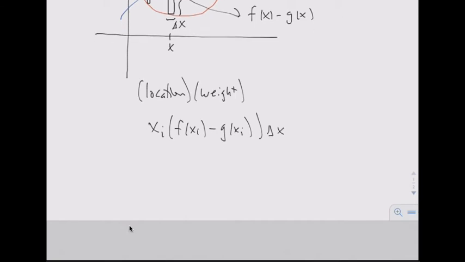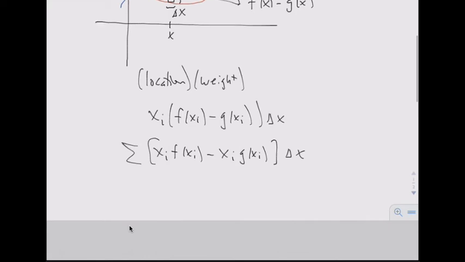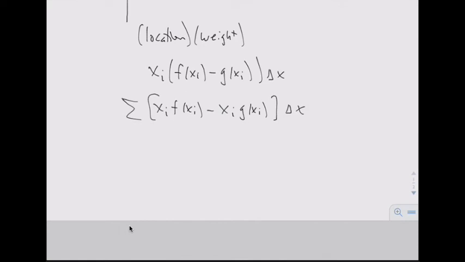If we want, we can distribute the x sub i through. So this is going to be x sub i f of x sub i minus x sub i g of x sub i, that whole thing times delta x, and then we simply sum those up. When we take delta x going to 0, or in other words, infinitely many little rectangles, we yield an integral.